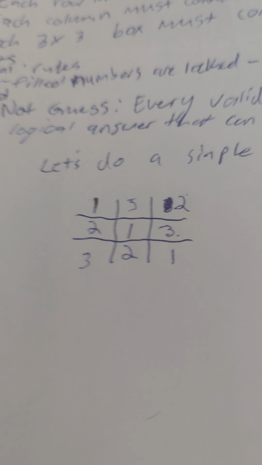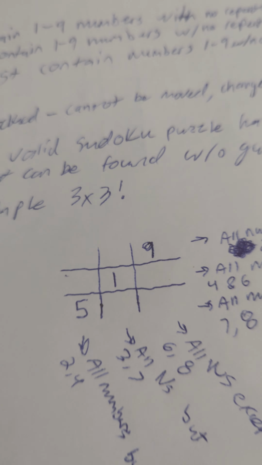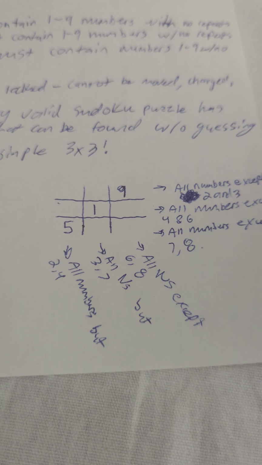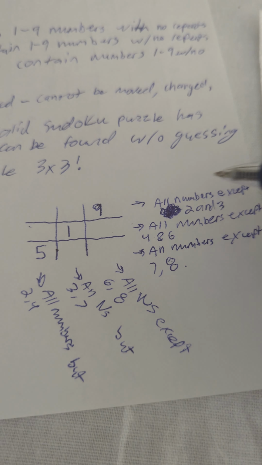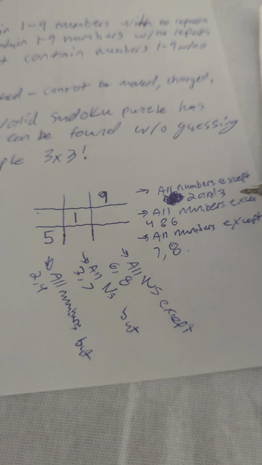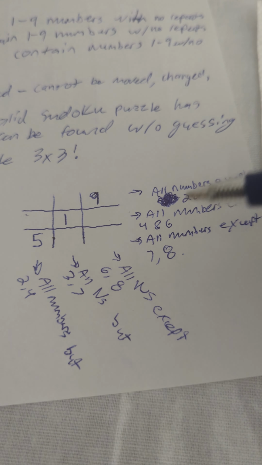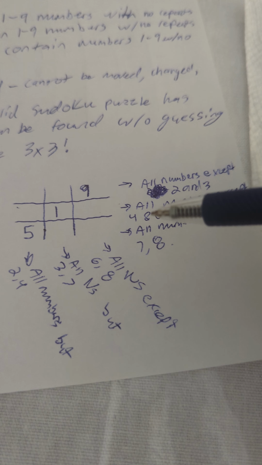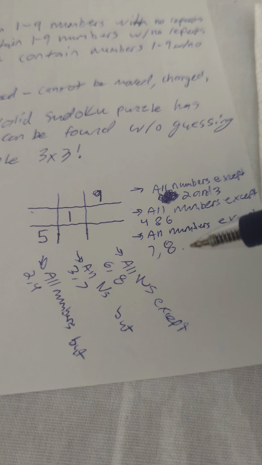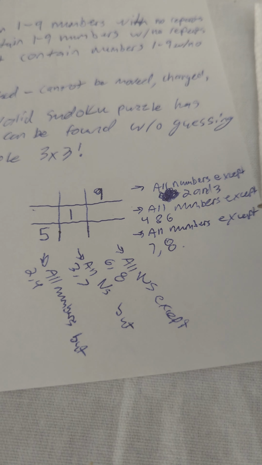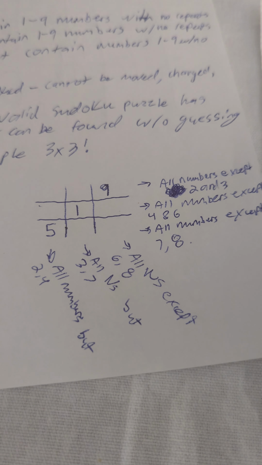For another example, it would look a little bit more like this, where let's say the puzzle extended and you had all numbers in the horizontal row except 2 and 3. In the second row, you had all numbers except 4 and 6. And in the last column, you had all numbers except 7 and 8.